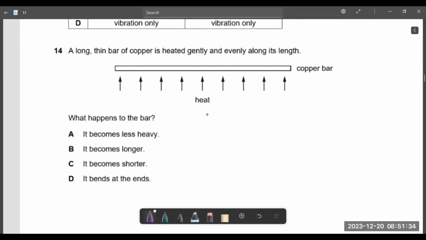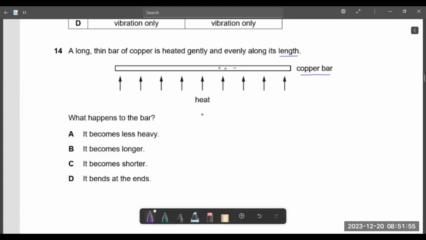Next, a long thin bar of copper is heated gently and evenly along its length. What happens to the bar? As heat is applied, the temperature of the copper bar increases, causing its atoms to vibrate.